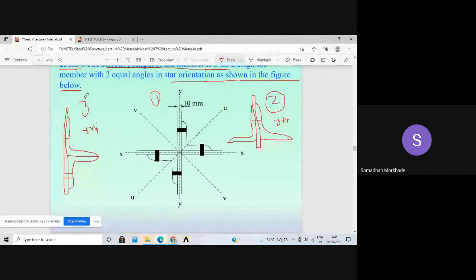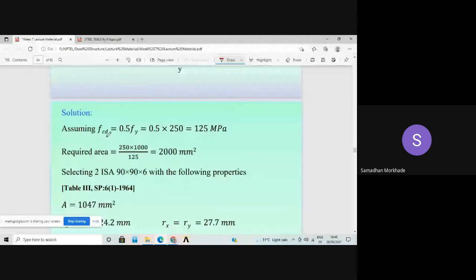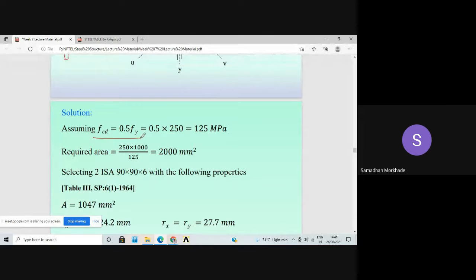Just you try. So in our example, we are going to discuss this one. As per our step number 1, assuming FCD 0.5 FY, the range given was 0.4 to 0.6. So we have taken the average, 0.4 plus 0.6, 1, divided by 2, means 0.5 FY.